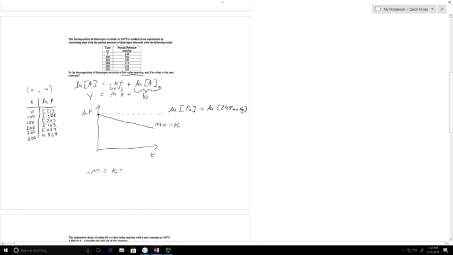If you were to do this out, you could just do rise over run, and you end up with approximately 2.15 times 10 to the minus 3 per second.